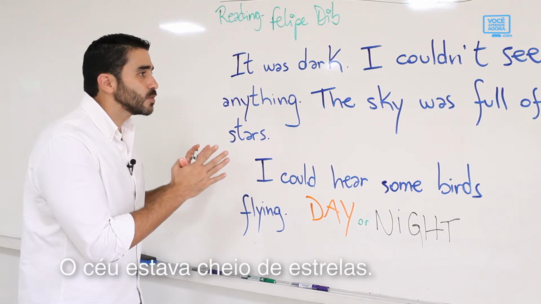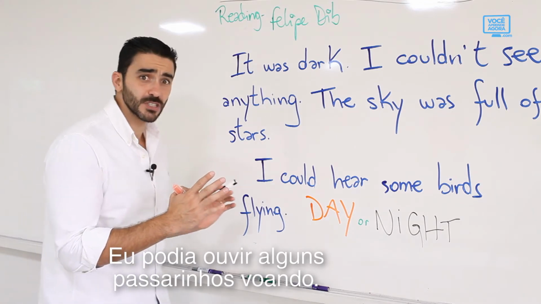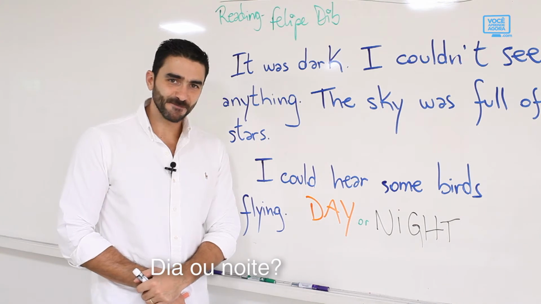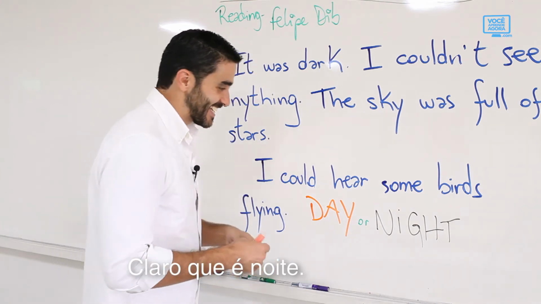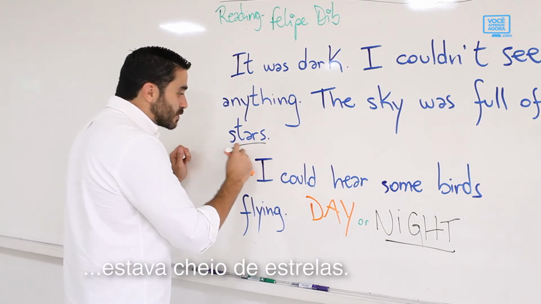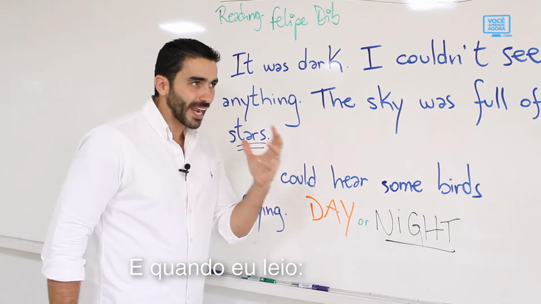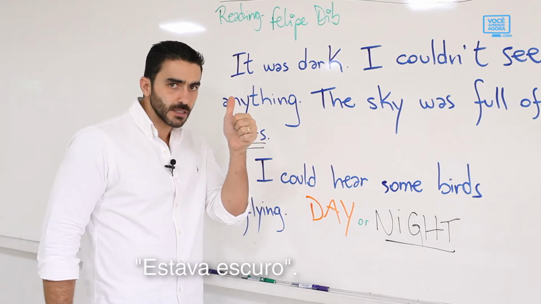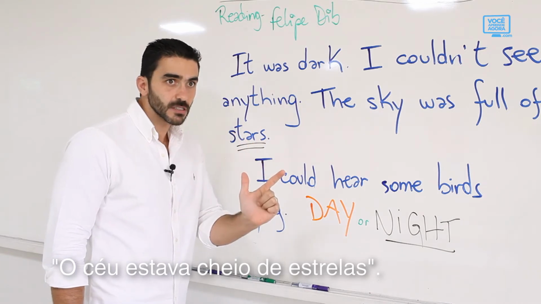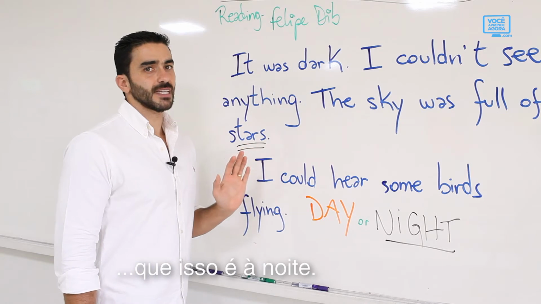The sky was full of stars. I could hear some birds flying. Day or night? Of course it is night, because the sky was full of stars. And when I read, it was dark. The sky was full of stars. Well, I understand this is at night.